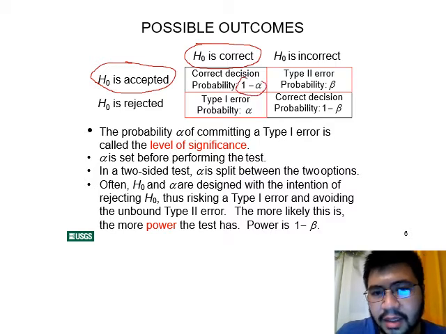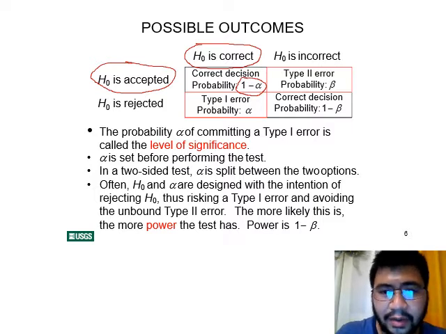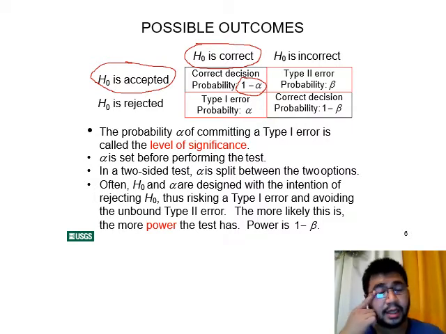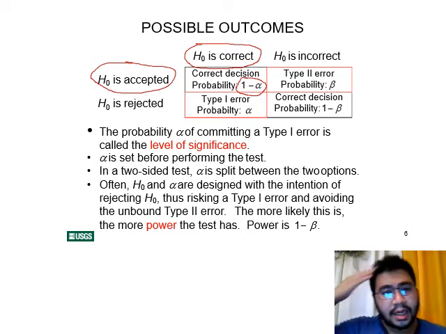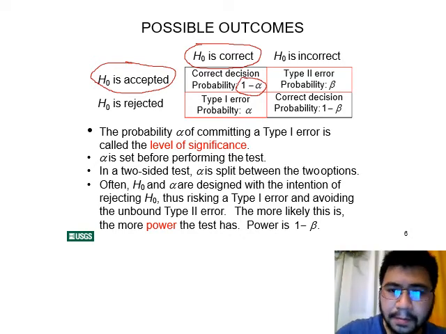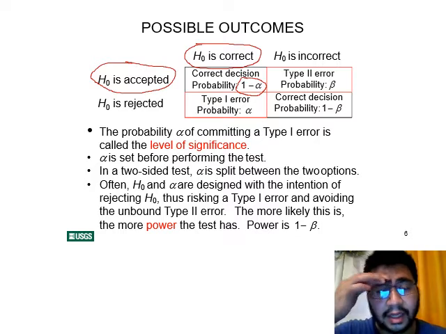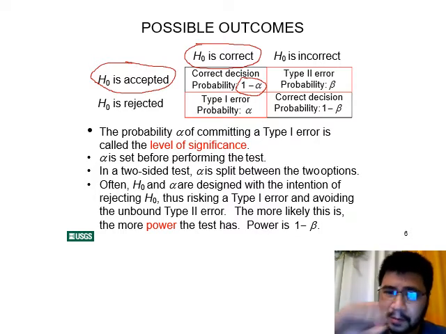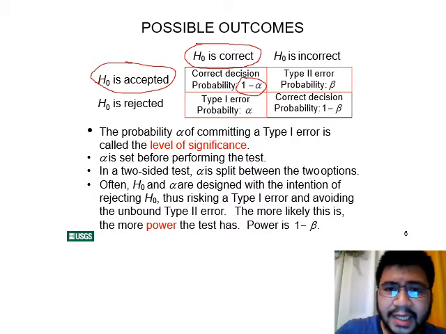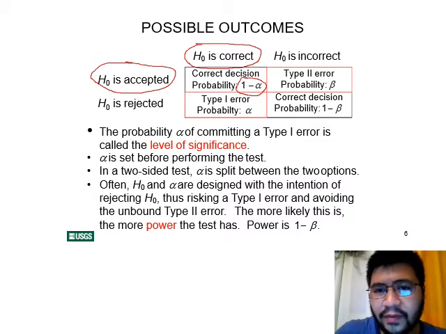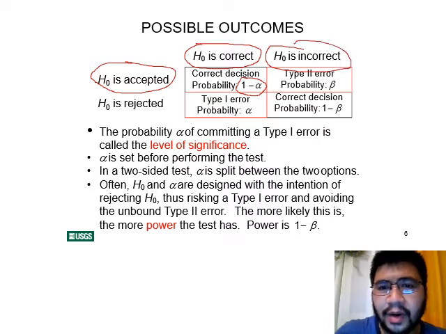This outcome has a probability of occurring that you can calculate as 1 minus alpha, where alpha is the level of significance. I'll talk about that later on. Second outcome is your upper right. This is sort of your false positive, where you accept the null hypothesis, but the null hypothesis is actually wrong.